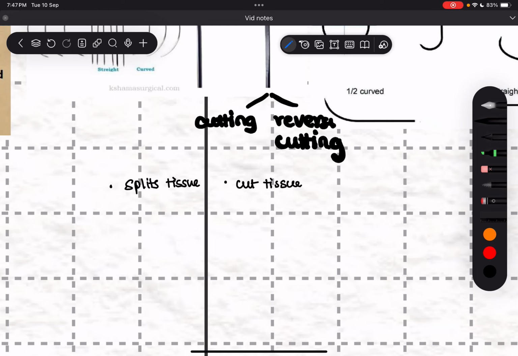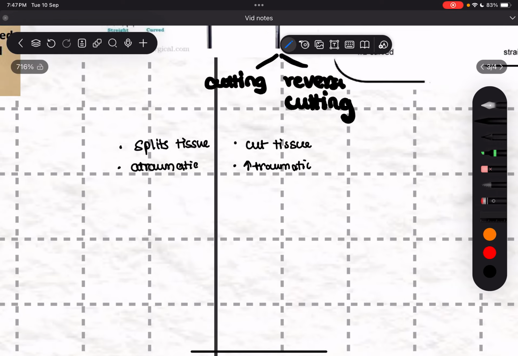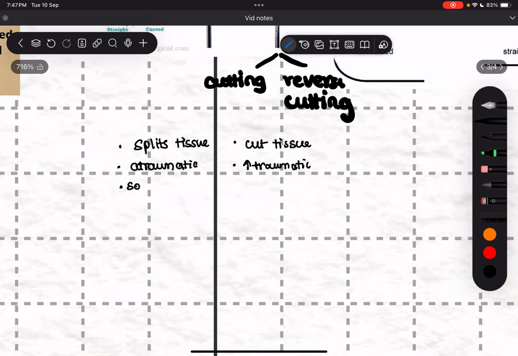Splitting of tissue is relatively atraumatic, whereas cutting is more traumatic. This is used for soft structures or delicate structures.